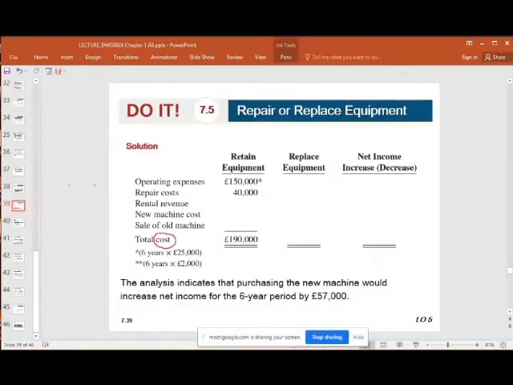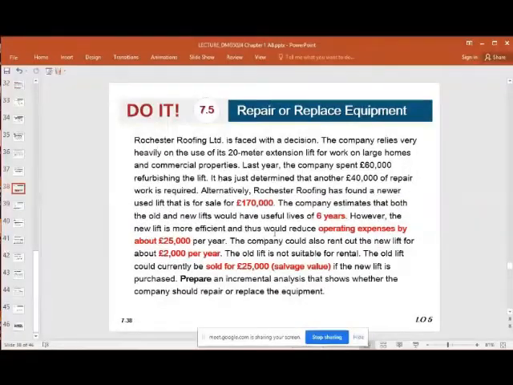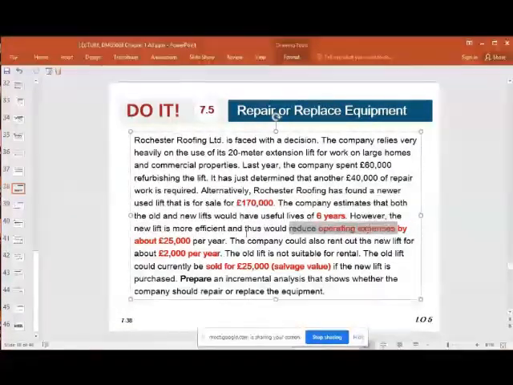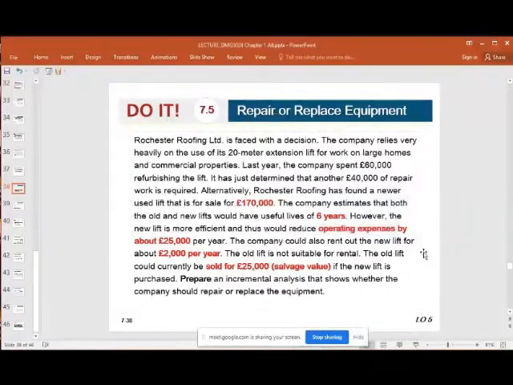So operating expenses, just now they mentioned, if you buy the new lift, you can reduce operating expenses by 25,000.